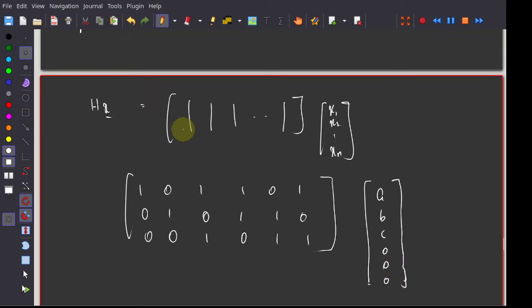So if I'm taking a linear combination of some D columns of H, then basically it is the same as taking H times X, where the number of non-zero elements in X is D, correct? Or basically the Hamming weight of X is equal to D. Right?